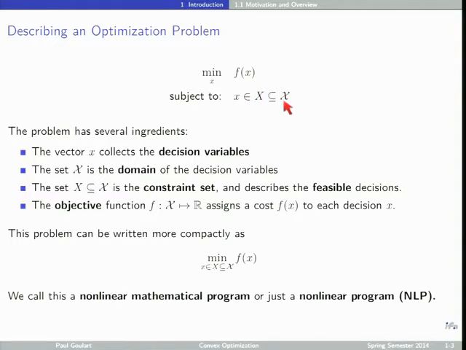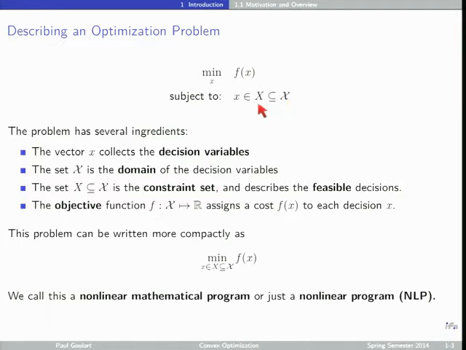What's the difference between these two things? The script X usually tells me the type of decision that x is. x might be a vector in Rn, so then script X would just be Rn. x might be a function, and then script X would be, say, the space of all continuous functions. But within that space, I have some restrictions.